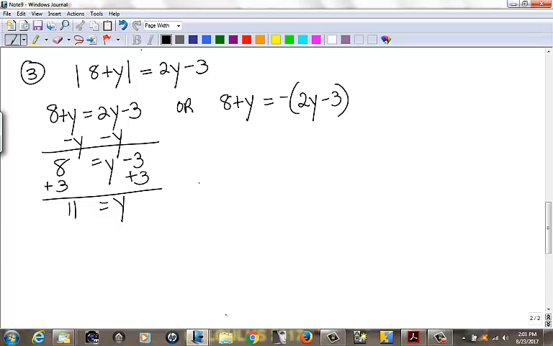Check up here. Did you get the y's together first? Did you bring the 8 over or bring the 3 over? Add 3, that would be positive. Find your error. Okay, found it.